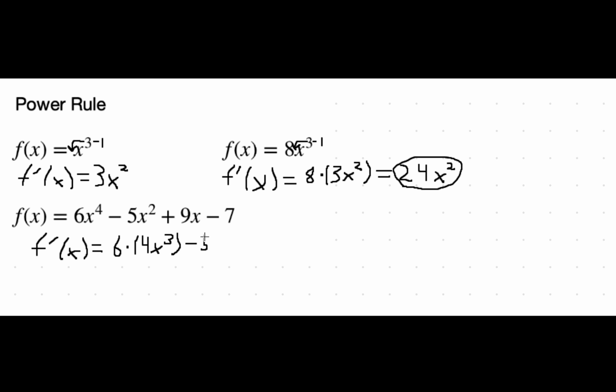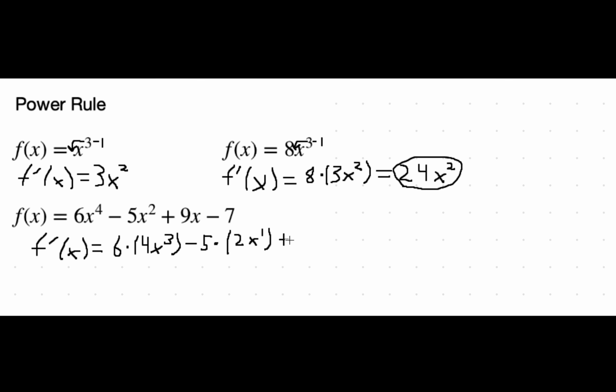So I bring down the 2, which gives me 2x, and the power reduces to 1. So we have 2x to the first power. And that's just going to be 2x then, because x raised to the first power is just x.